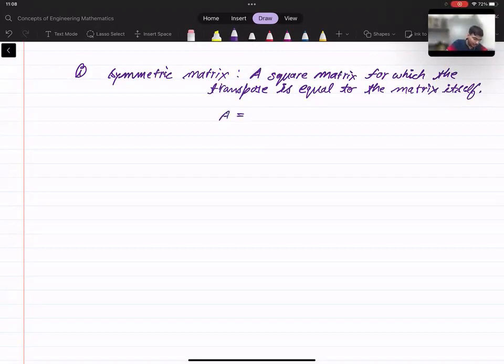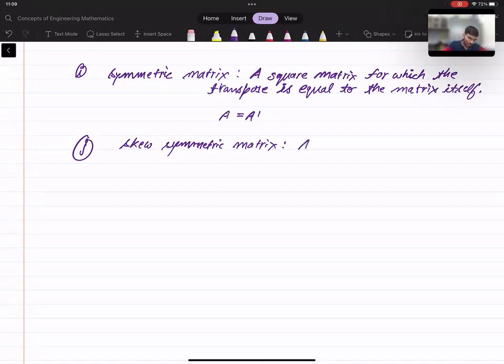So here A will be equal to A transpose for any given matrix. Similarly we have the skew symmetric matrix. A skew symmetric matrix is the one where A transpose is equal to negative of the matrix, which means A is equal to minus A transpose.